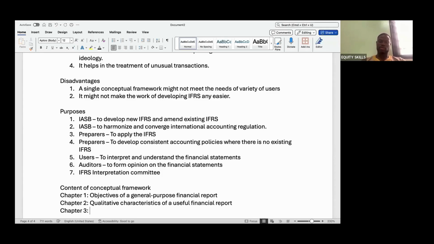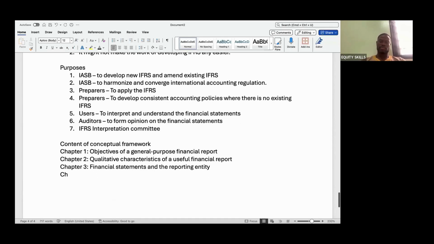Chapter 3 talks about financial statements and the reporting entity. Chapter 4 talks about elements of financial statements. Chapter 5 talks about recognition and derecognition. Chapter 6 talks about measurements.